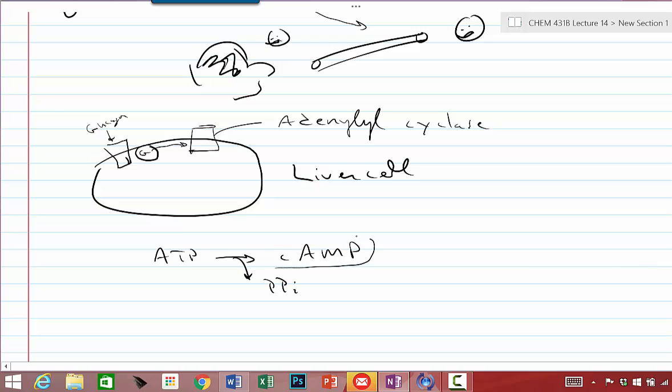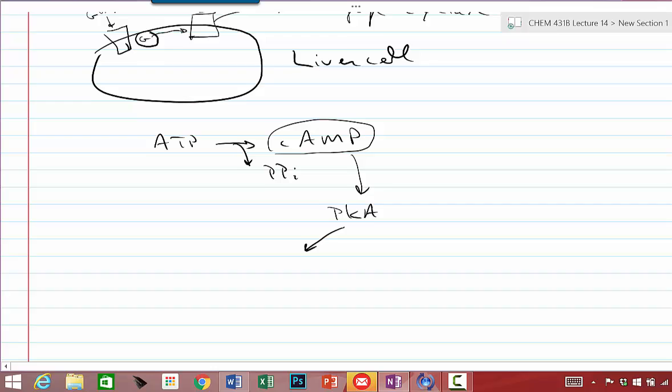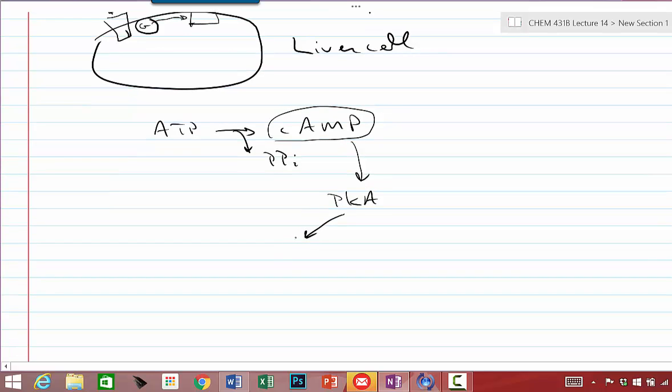That cyclic AMP will bind to a kinase known as protein kinase A. And protein kinase A then will go ahead and phosphorylate this enzyme known as PFK2.